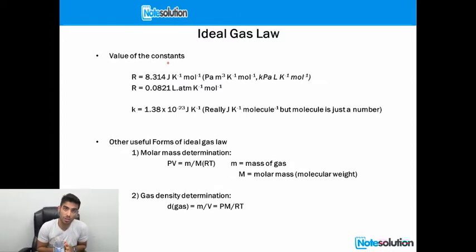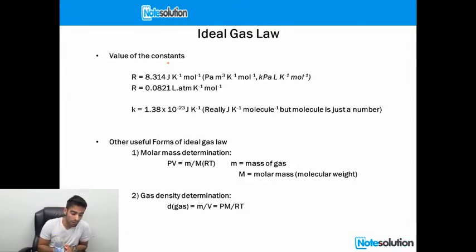Well, first things first, you collect the information that is given to you in the question. Number two, you use the conversion factors to convert data into the correct units. Let's say you have the temperature in Celsius. Well, you cannot use Celsius in the ideal gas law, so you have to switch Celsius to Kelvin. That's the first step: you make sure that you convert all the units into the correct form.